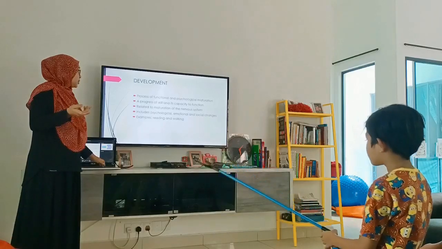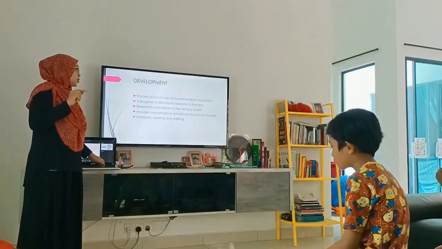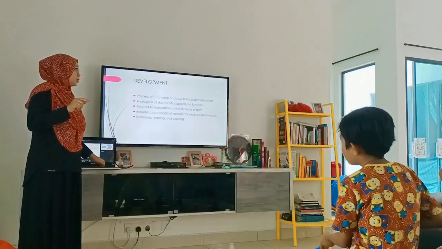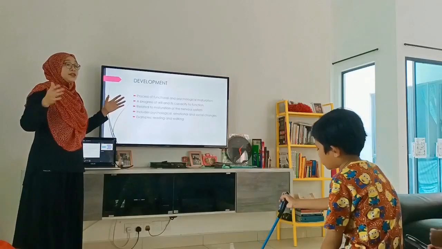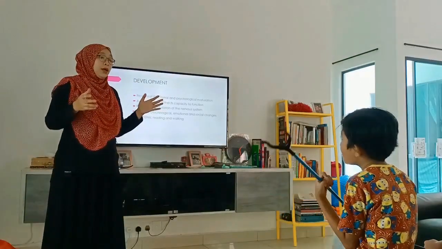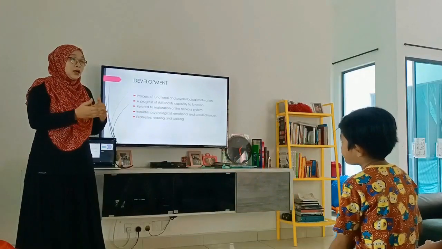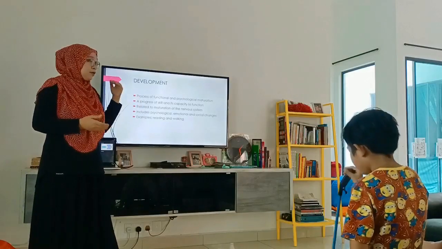Development is different from growth. Development means the process of functional and psychological function, a progress of skill and capacity to function. How the baby progresses, how the baby is able to function.